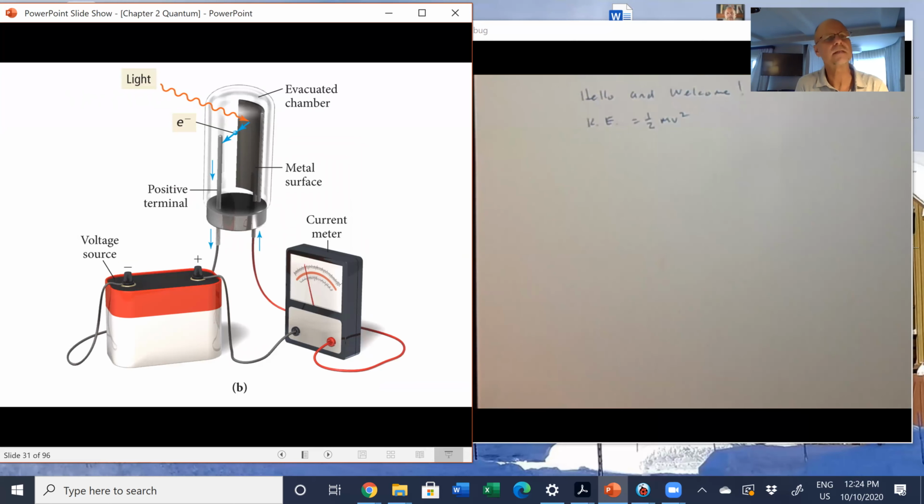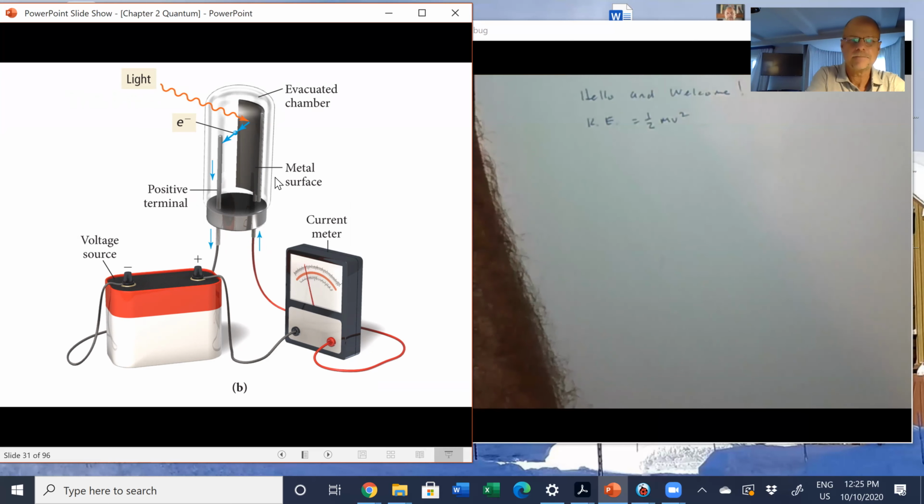So you can set up a little system like this where you have an evacuated chamber, you have light coming in, it causes electrons to be emitted, and that electron current can then be measured, in a little setup like this.